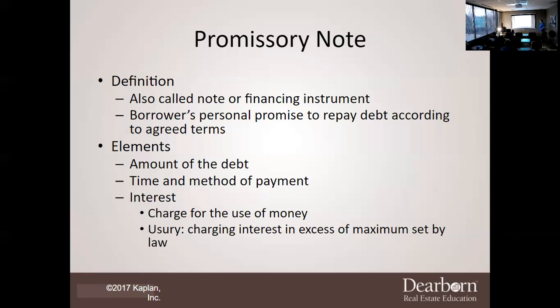Now, the next one is what we call usury. And this is where we're charging interest in excess of the maximum set by law. So what we're talking about in this particular situation is this. Mr. Colton has given me his $100. Now, Mr. Colton can charge me up to, say, 10%, okay?